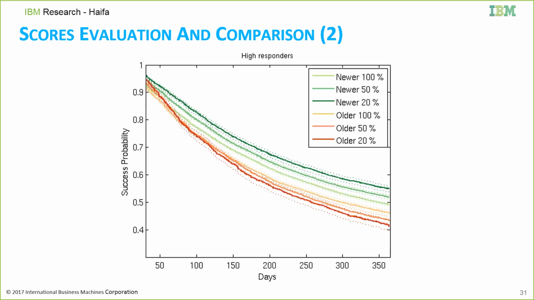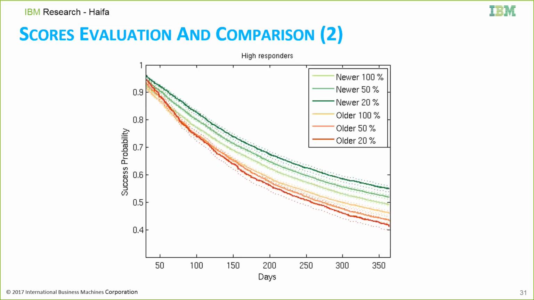And finally, you can also look at Kaplan-Meier plots and ask about success probability here. Again, this is just for the individual odds ratio score.